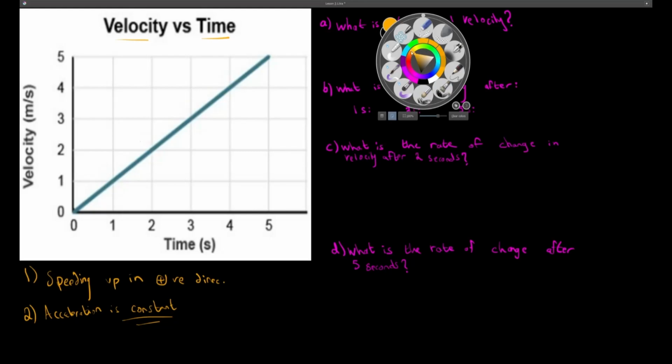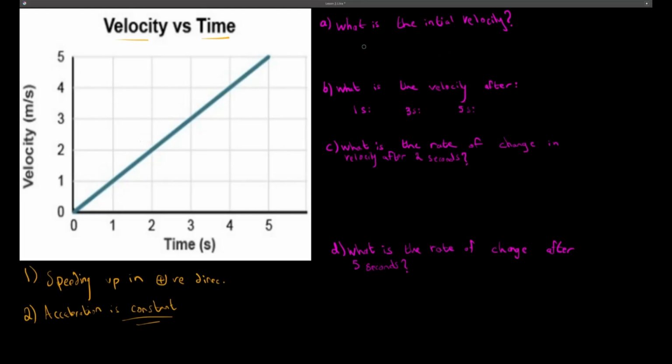What can we say about the initial velocity of this velocity versus time graph? If we look at the initial velocity at t equals 0, we see that the velocity is also equal to 0. So it's 0 meters per second. Secondly, what is the velocity after 1 second? After 1 second, we can look at the point over here, and it's at 1 meter per second.